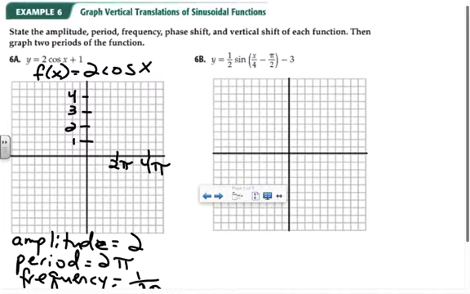Okay, my f of x graph. It's a cosine graph, and it will have a maximum at the y-axis. Because my amplitude is 2, its maximum will be 2. It's going to repeat itself every 2 pi. Halfway between my maximums are my minimums. And halfway between my minimums and maximums are my intercepts.